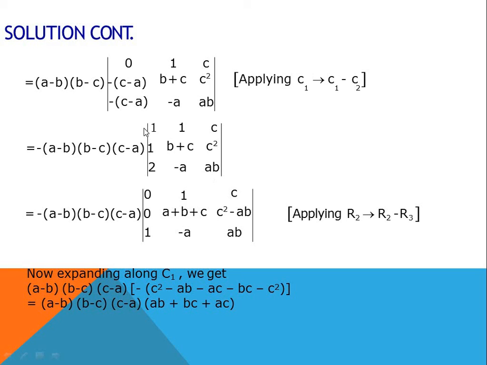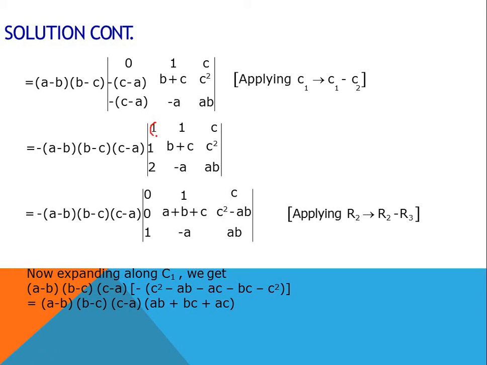Also in this case, there is a mistake over here. It will be 0 in the first element, then 1 and then 1. Okay, so you will get 0 as the first element. Here it will be 0.